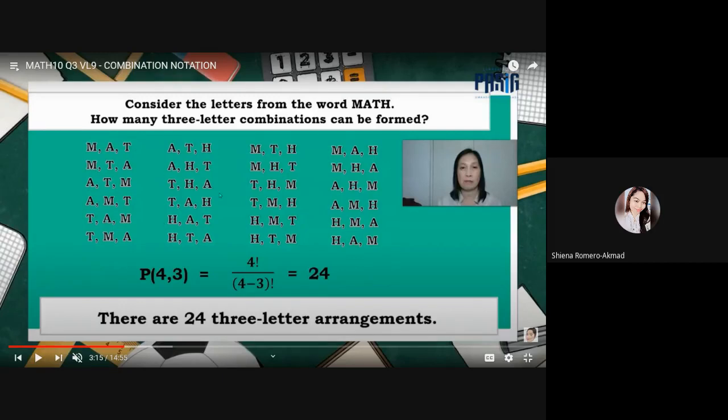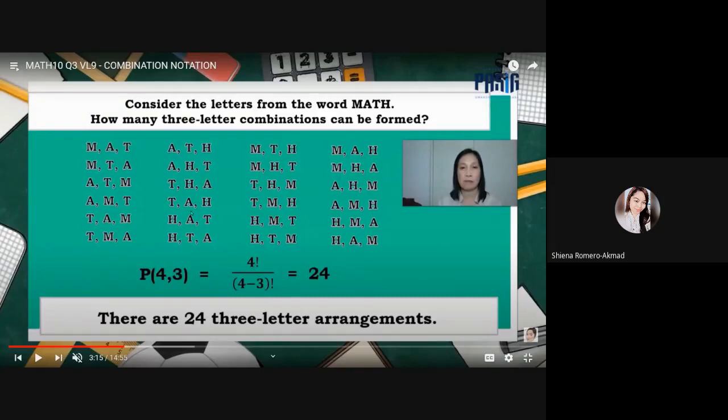Dito sa pangalawang column, ano namang napansin nyo? Ano mga letters naman ang makikita nyo dyan? A, T, H lang yung nandyan na letters.